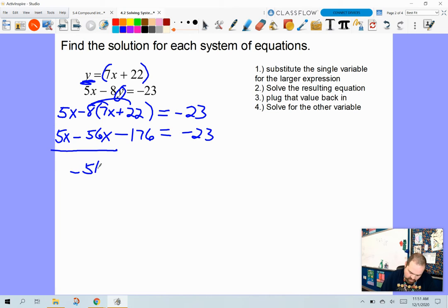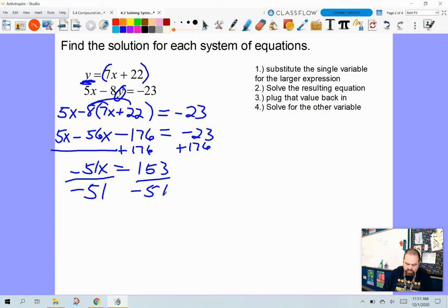That's negative 51x. And then I'm going to add 176 to both sides. That's going to leave me positive 153, which is great because now when I divide by the negative 51, I get an x value of negative 3.